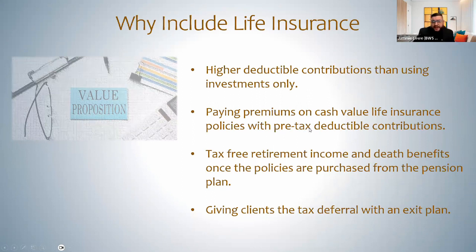By putting it in the plan, you're able to take those pre-tax deductible dollars and buy up this life insurance policy. However, at some point, we now need to remove that policy from the plan to turn those pre-tax dollars, or at least a good portion of them, into tax-free dollars. The tax-free retirement income and the death benefits that come off of the policies are purchased out of the pension plan, which is what allows for that exit strategy.